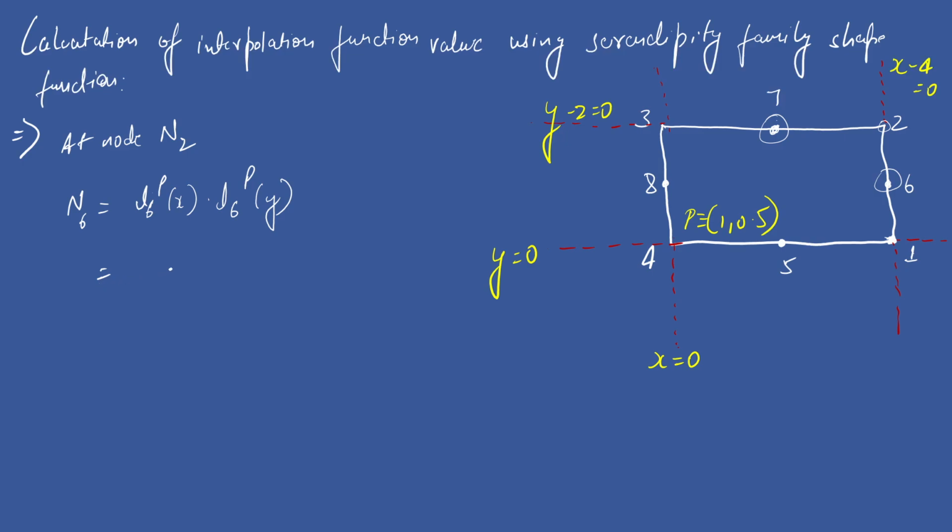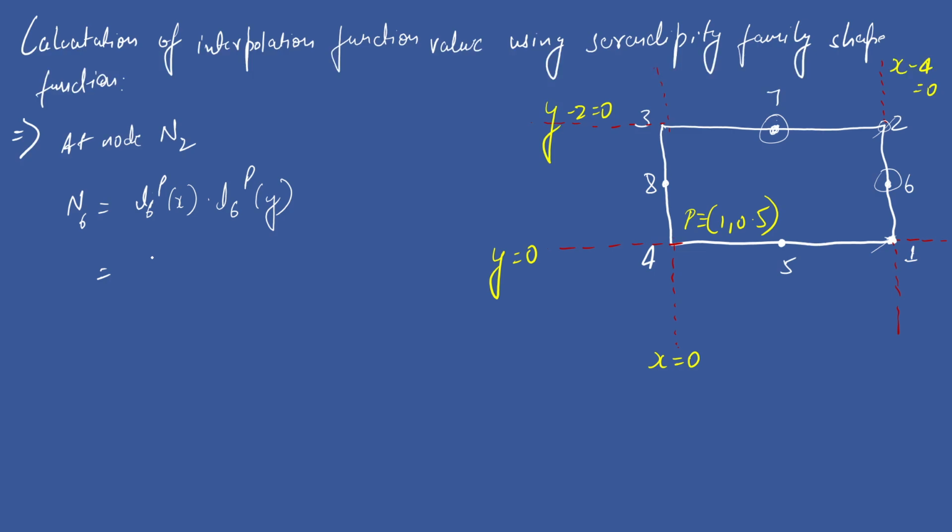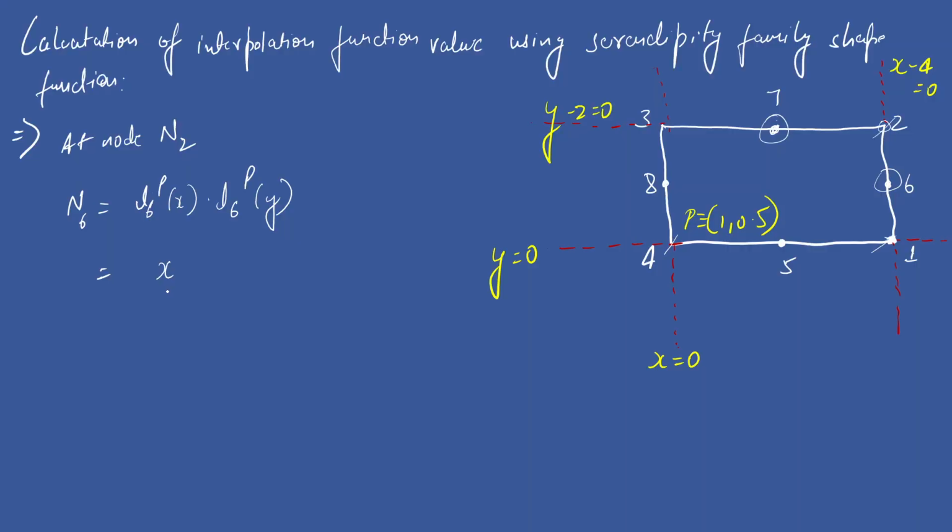So L6 Px will be, you need to take these x values. So for L6 you will take this particular value, that is x, and then you will be having x minus xi over xi minus xj. So you are having only one.